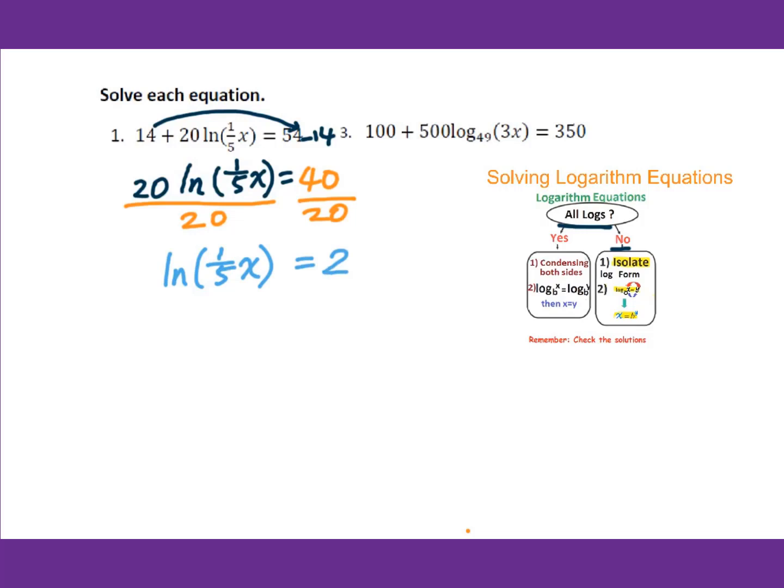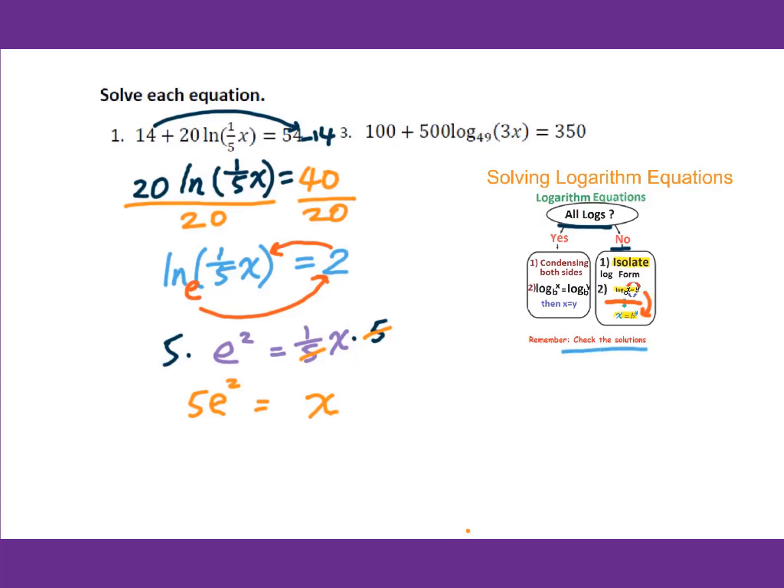Then, using this format, change the logarithm into exponential form. The base is e. So we get e squared equals 1 over 5x. Then you multiply by 5 on both sides, so you get x equals 5e squared.